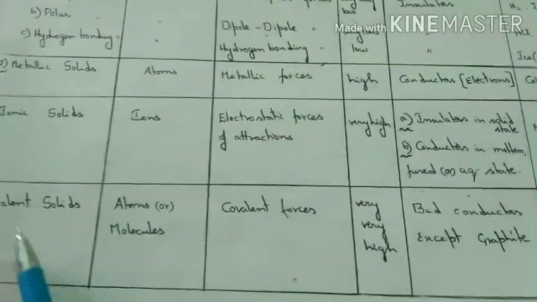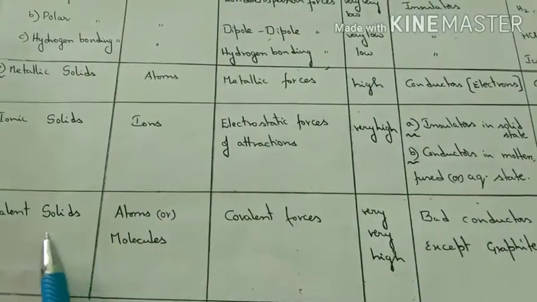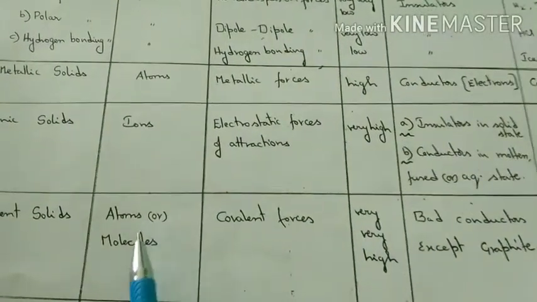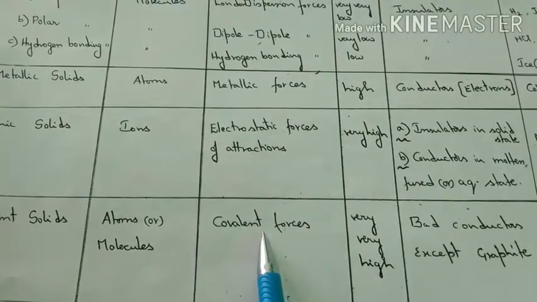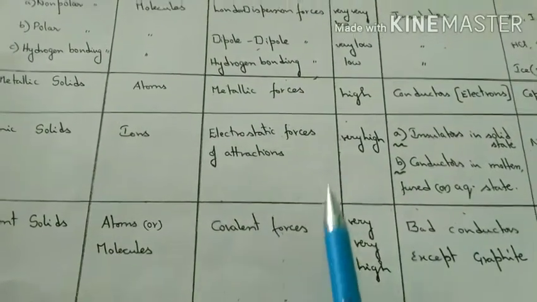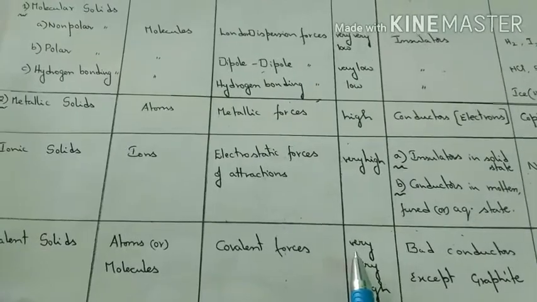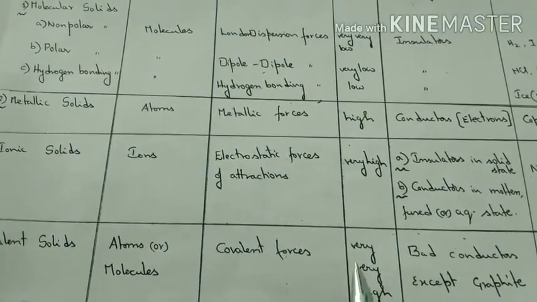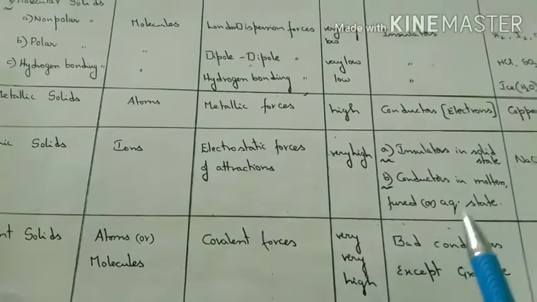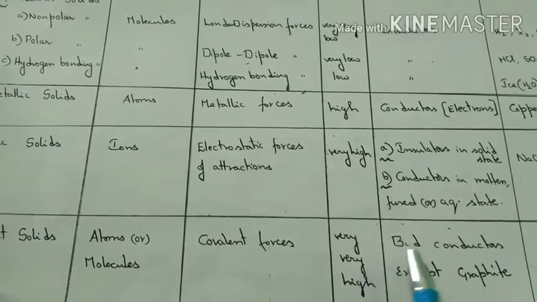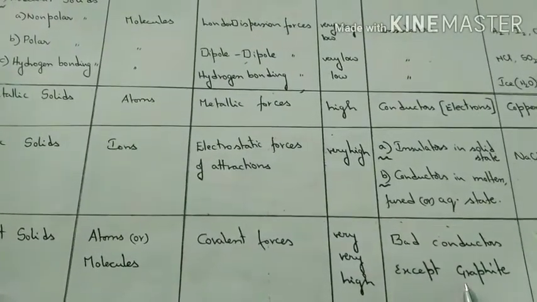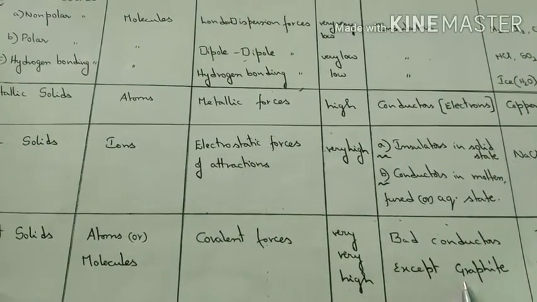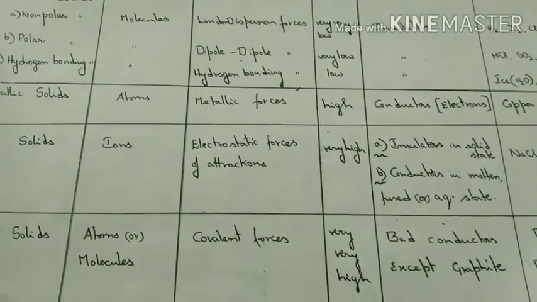And the last category, that is what? Covalent solids. In covalent solids, particles are atoms or molecules. Covalent forces are present. Its melting point is very high because of covalent forces, but they act as bad conductors except graphite, because graphite contains free electrons, so it can exhibit conductivity.